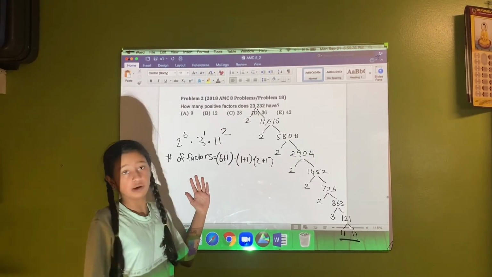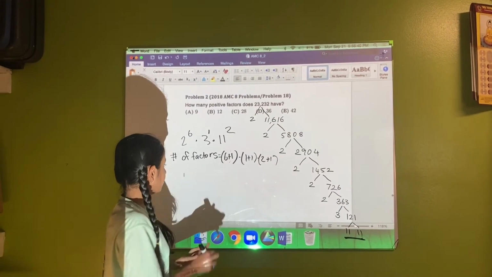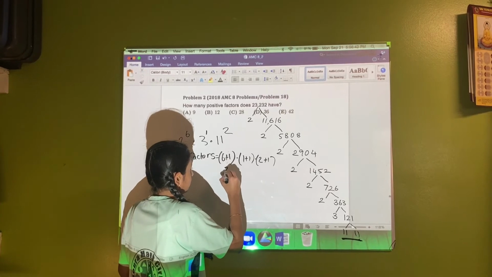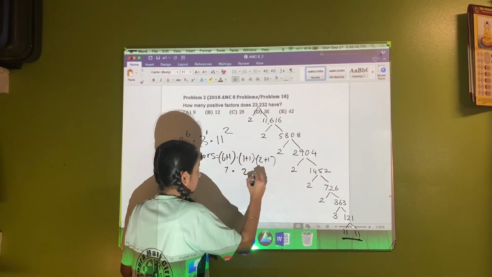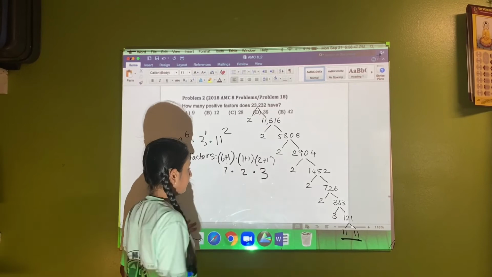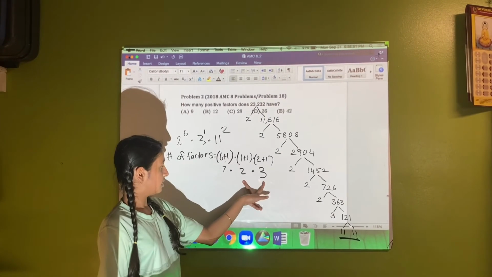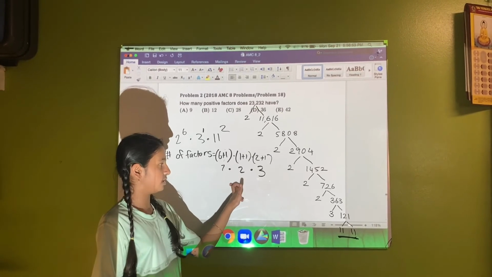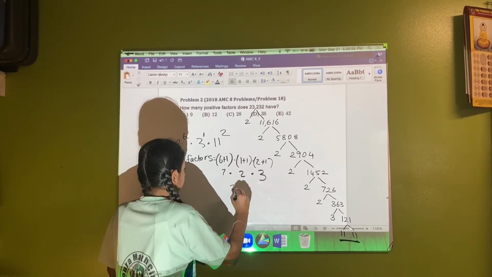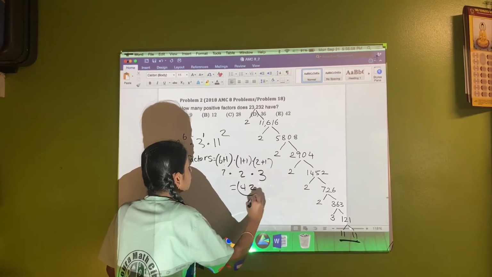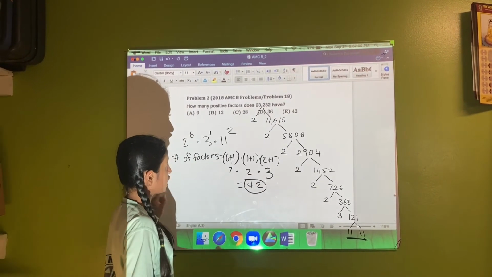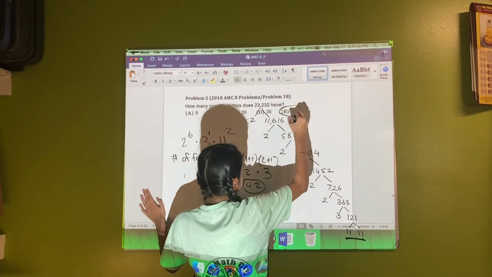This is just a formula. So what you're going to get is 7 times 2 times 3. The easiest way I think to do this is 2 times 3, 6, 6 times 7, 42. There's 42 positive factors, which is E.